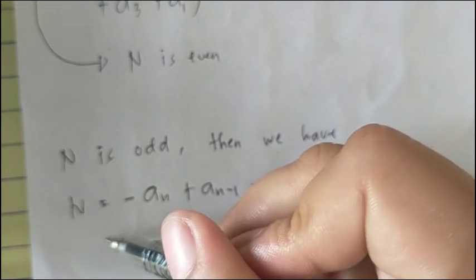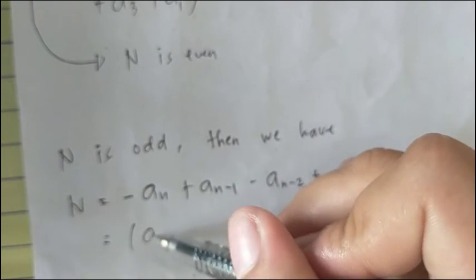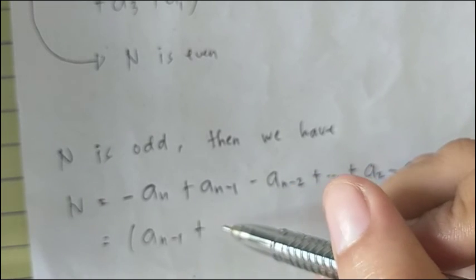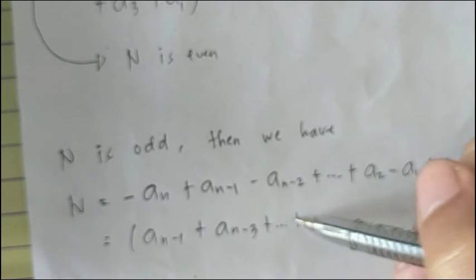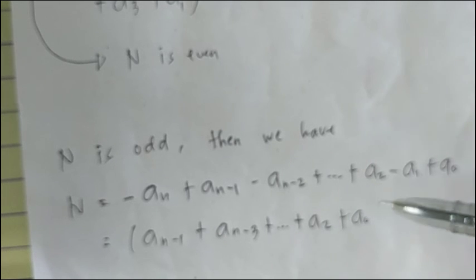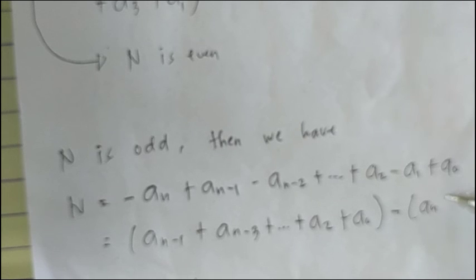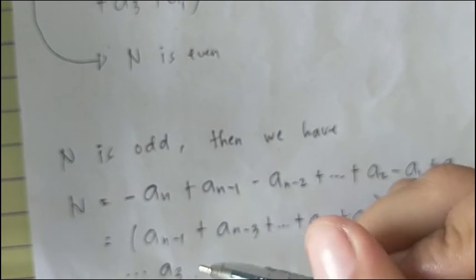So this is equal to, we'll regroup again, a sub n minus 1 plus a sub n minus 3 plus dot dot dot plus a sub 2 plus a sub 0 minus a sub n plus a sub n minus 2 plus dot dot dot a sub 3 plus a sub 1.